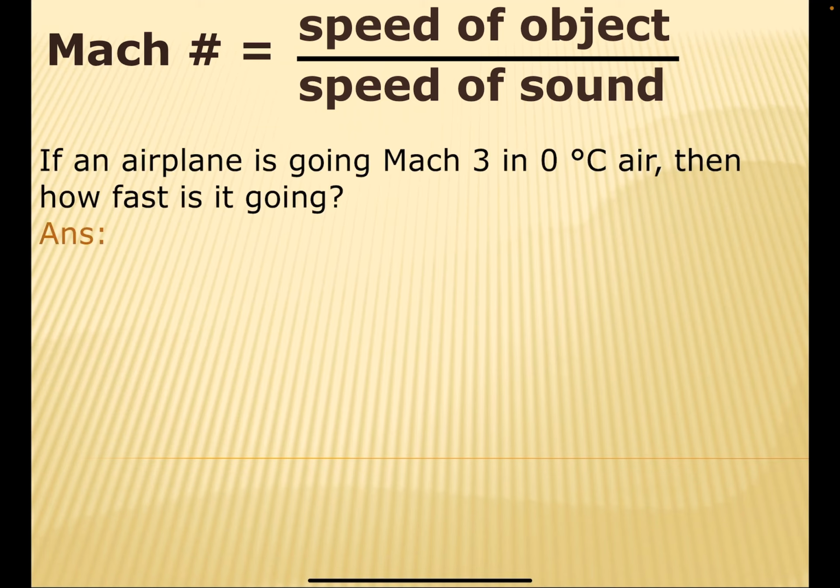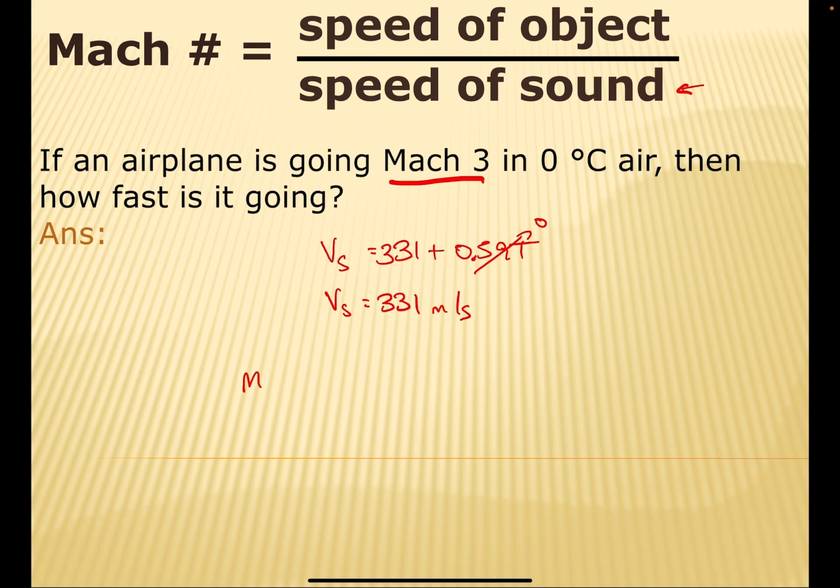Okay, so just a quick example here. If an airplane is traveling at Mach 3 in 0 Celsius air, how fast is it going? If it's going at Mach 3, it's going exactly 3 times the speed of sound. So first of all, we have to figure out V sound. We know it's 331 plus 0.59 T. If we're told it's 0 degrees Celsius, that whole term goes away, so the speed of sound is just 331.